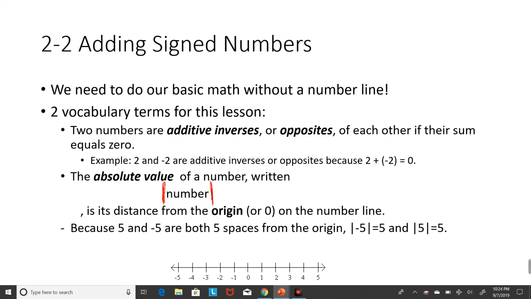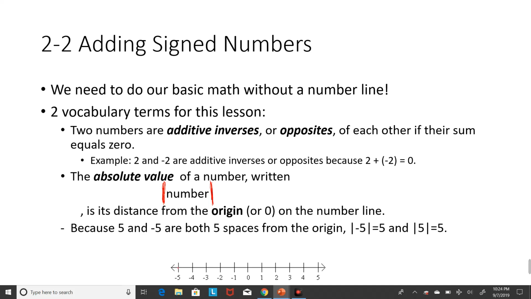So the absolute value of a number, written like that, is its distance from the origin, or 0, on the number line. So our basic example is, because 5 and -5 are both 5 spaces from the origin, the absolute value of -5 is 5, and the absolute value of 5 is 5.